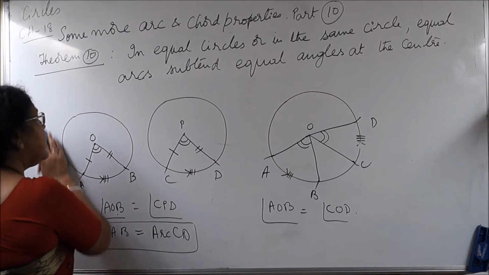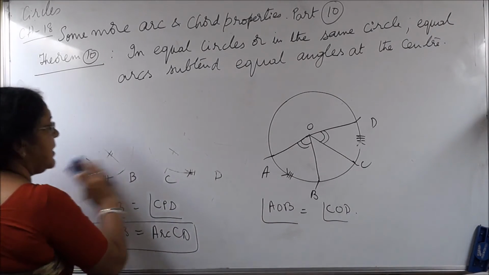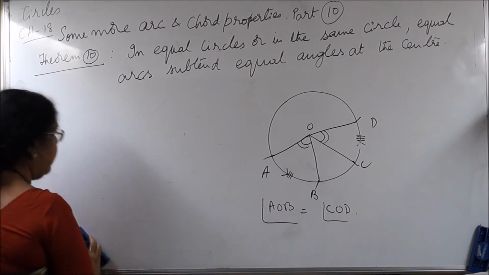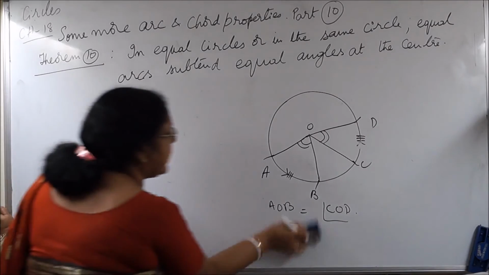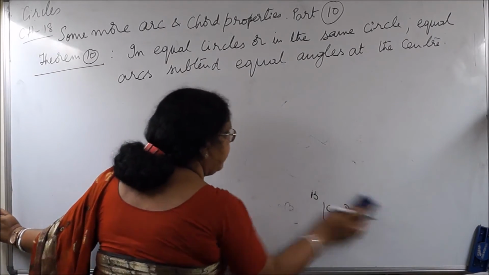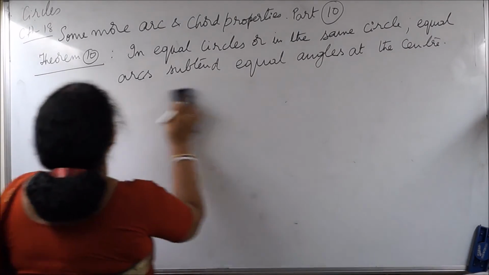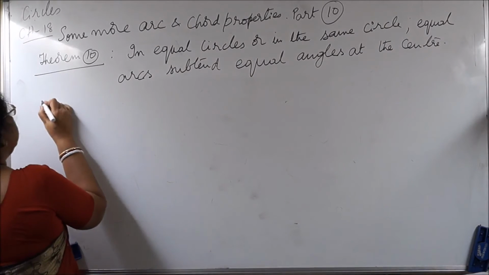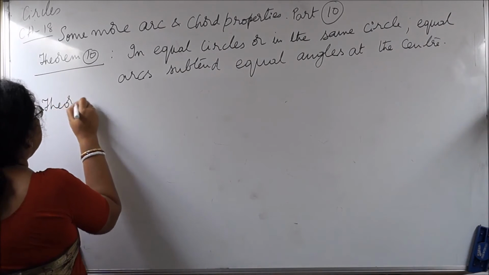So in fact in the same manner we can prove, that is by placing one above the other. And since all the radii are same, they are either equal circles or the same circle. So these two theorems, converse, can be done together in the same manner.